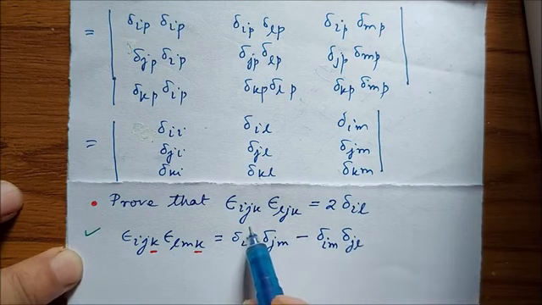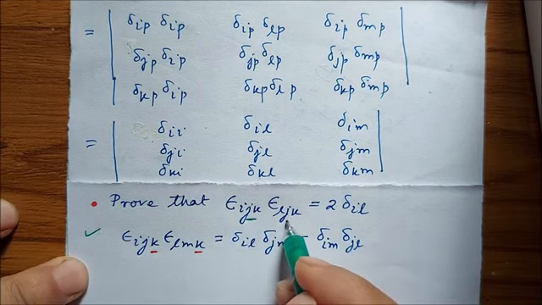In the given problem, two indices are equal, so JK, JK.